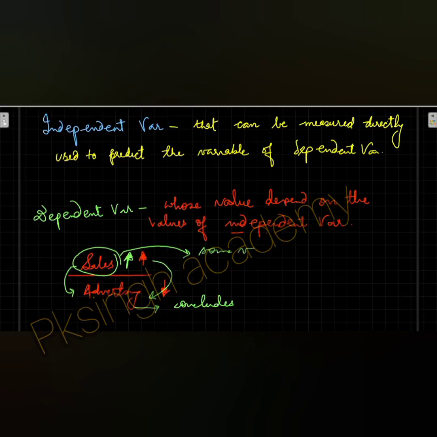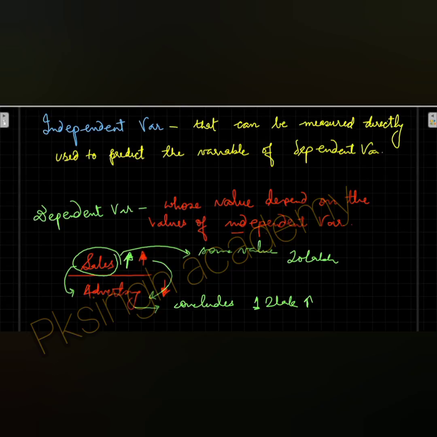Means if we increase sales by 20 lakh, then what will the effect on advertising? The advertising will also be increased by 12 lakh. So here the advertising is depending on sales. Clear? So here advertising is a dependent variable. So let's understand the other example.